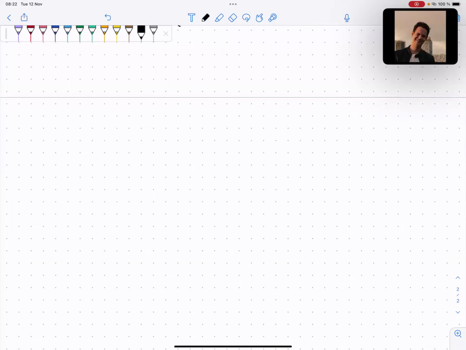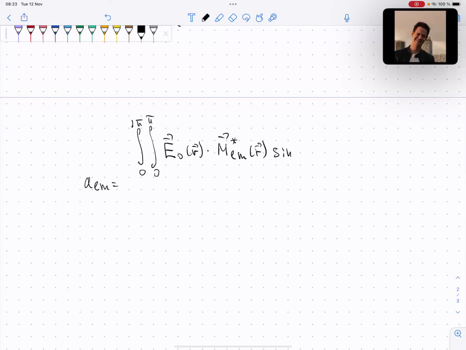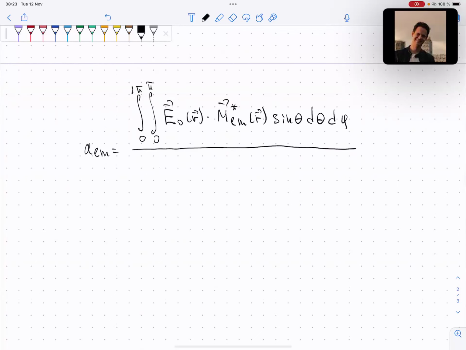For example, coefficient A_LM will be equal to the integral from 0 to 2 pi, integral from 0 to pi, E0 of R multiplied by M_LM complex conjugated of R, sine theta d theta d phi, divided by the same integral from 0 to pi of the square modulus of M_LM of R, sine theta d phi.